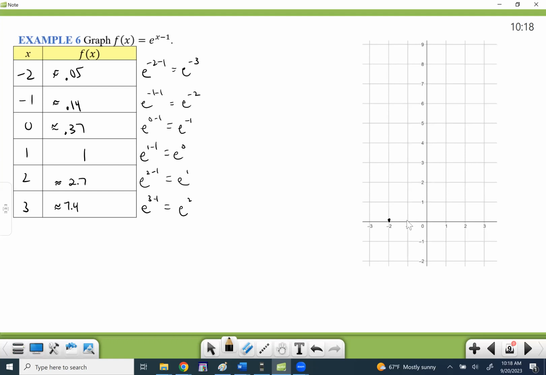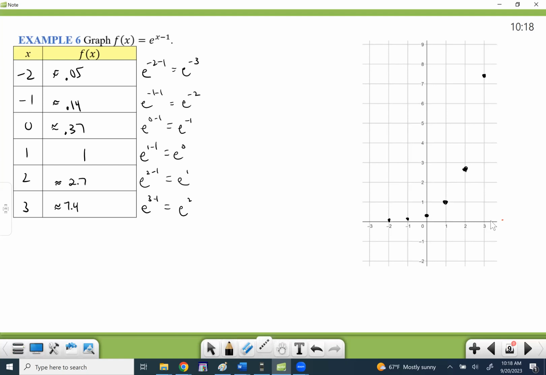At -1, I'm at 0.14. It's small, but a little higher. At 0, I'm at 0.37. Maybe right here. It's a little higher than that. All right, 1, 1. 2, 2.7-ish. And 3, 7.4-ish. That certainly does show exponential growth, right?